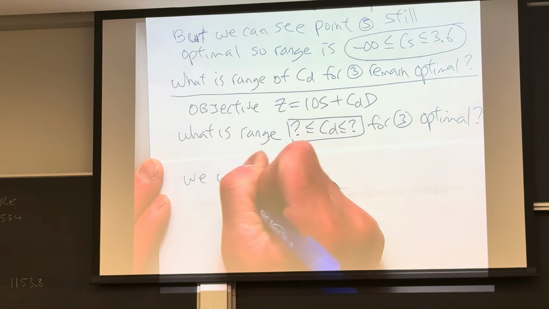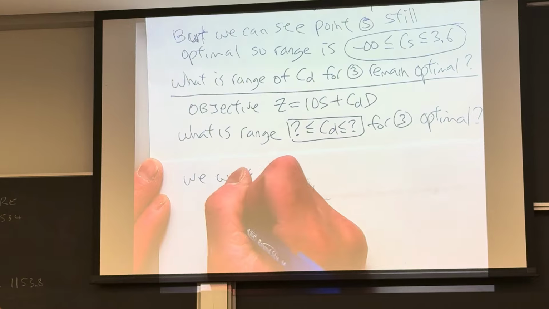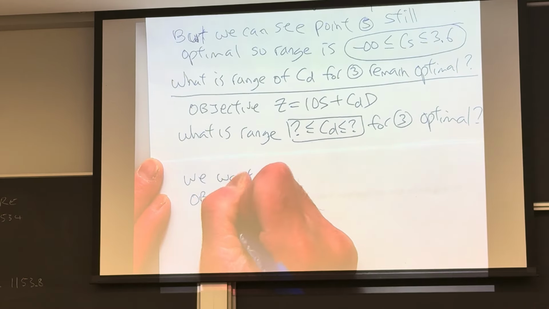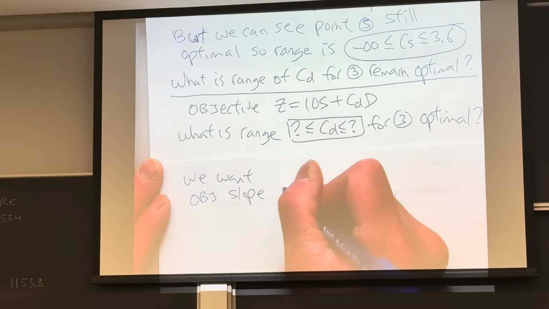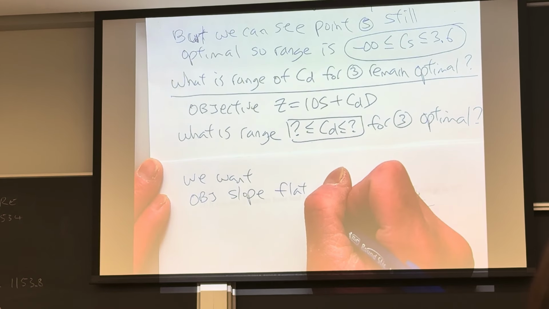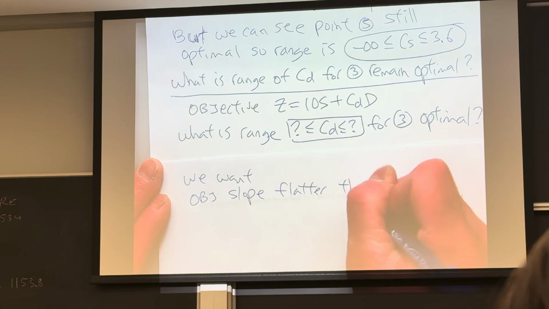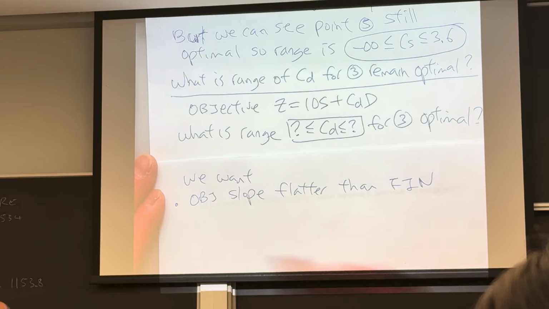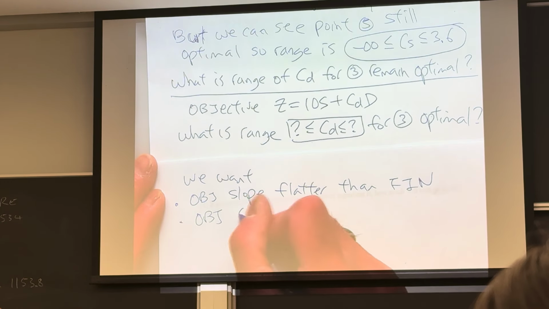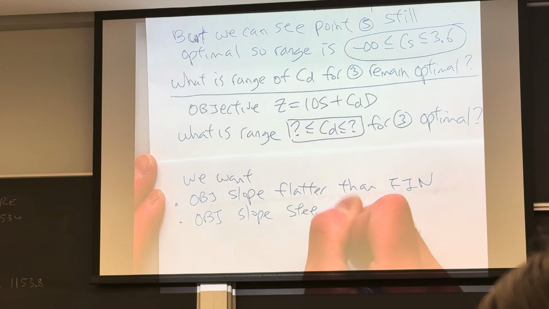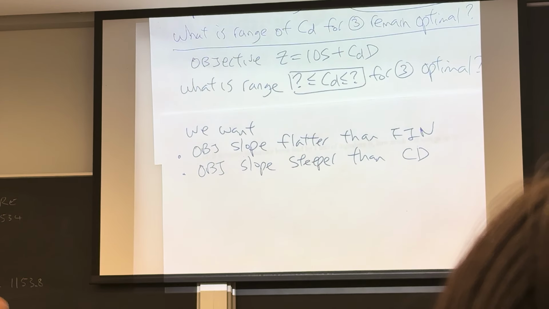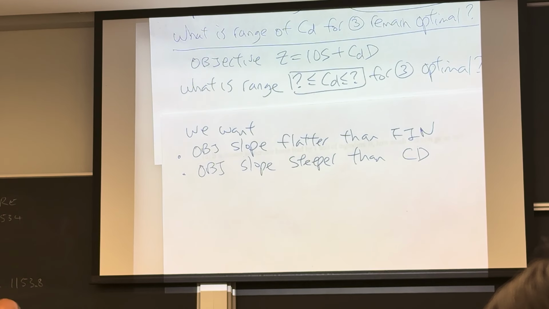So we want the objective slope flatter than fin, and we want the objective slope steeper than CD. But we need to recalculate the objective slope.